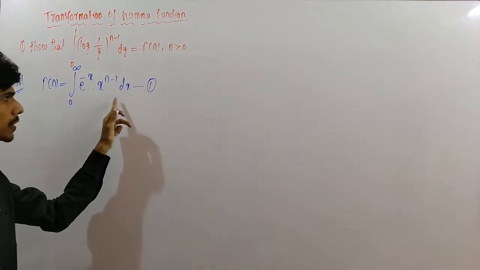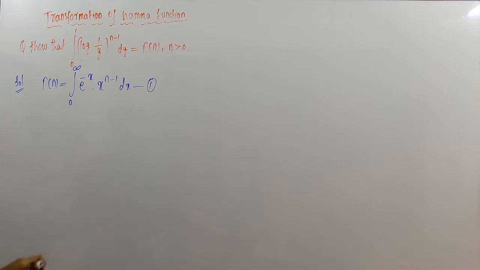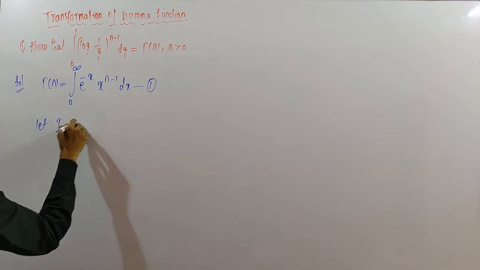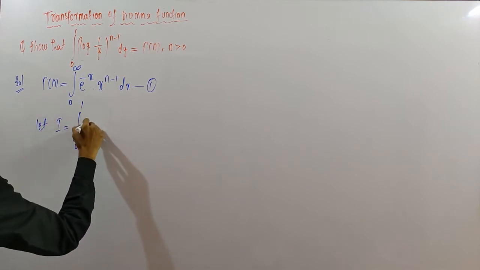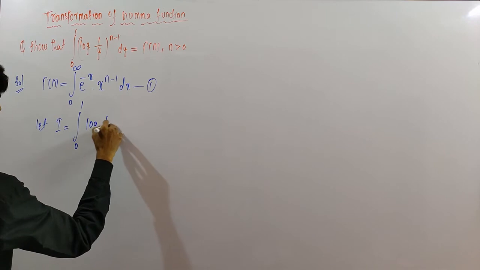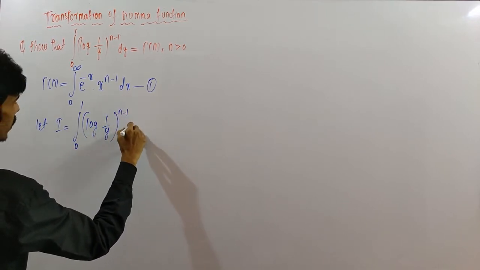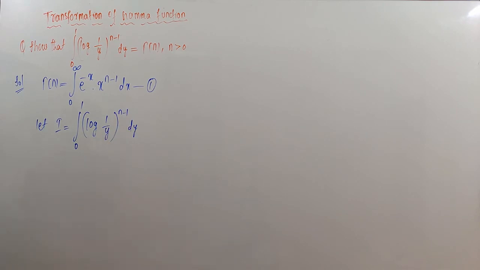Let us take this as equation 1. Now let us consider this as I. Let I is equal to integral 0 to 1 log 1 by y whole power of n minus 1 dy.